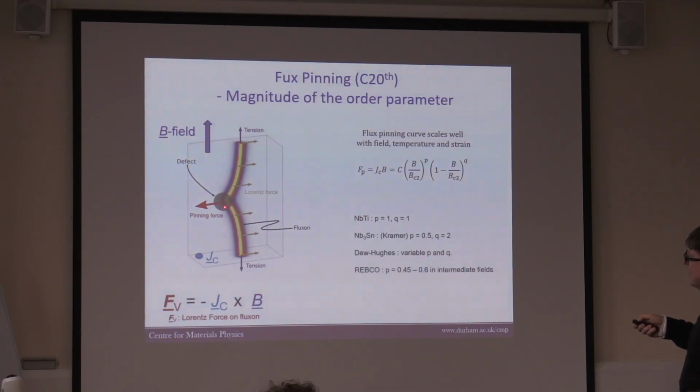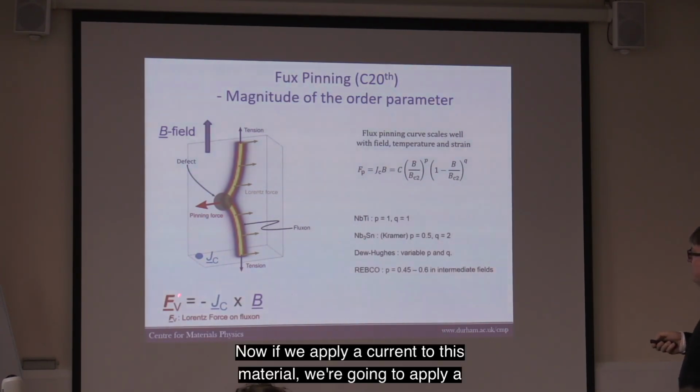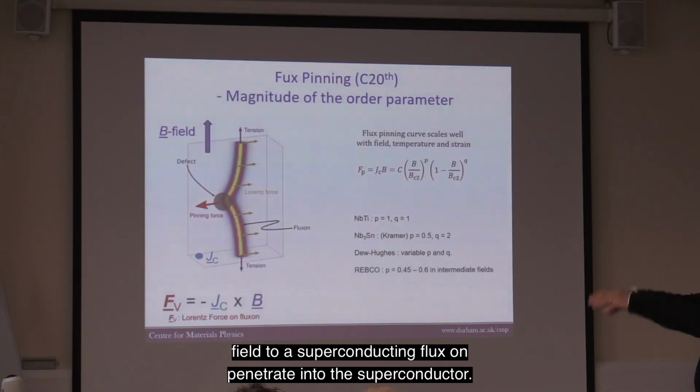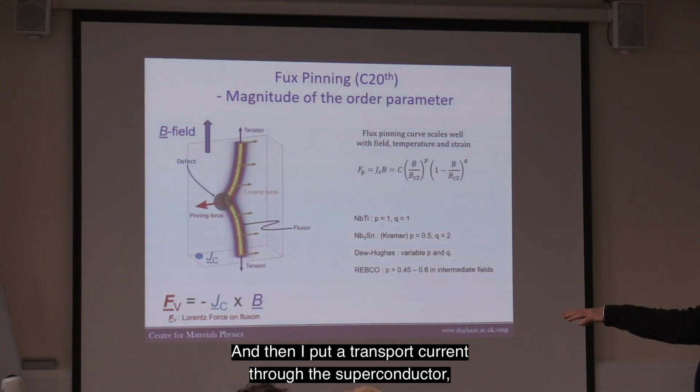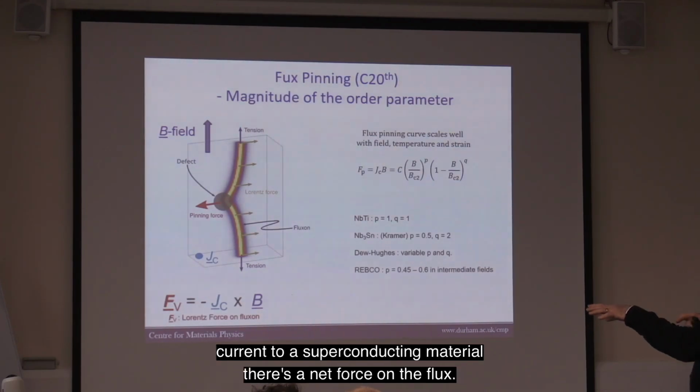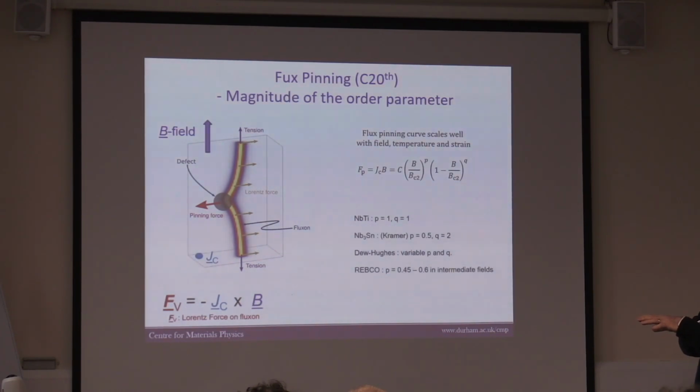if it sits here. Now, if we apply a current to this material, we're going to apply a net force on these fluxons. So if I apply a magnetic field to a superconductor, the fluxons penetrate into the superconductor, and then I put a transport current through the superconductor, which is what you're going to do in your measurement. When you apply a current to a superconducting material, there's a net force on the fluxons.